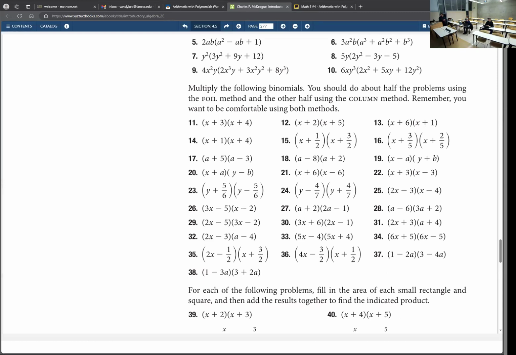33, everyone happy with 33? Pretty standard, easy one to practice on, I think. I'm going to put it on the whiteboard, just so we know which one.